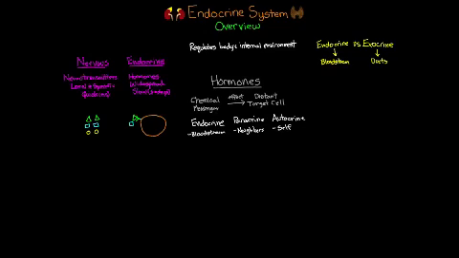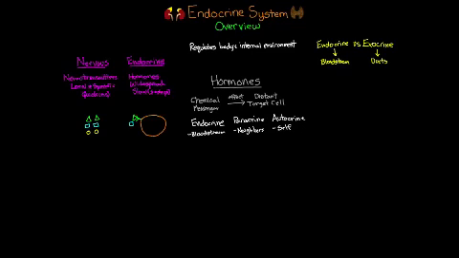So it's going to take a specific key for a specific lock in order to activate that response. And then some cells can have multiple receptor sites for different hormones, and some cells will have just specific ones for a specific hormone. But in order to initiate that effect, you're going to have the right hormone to bind with that receptor site. There's two different ways in which these hormones can bind with receptor sites on the cell.